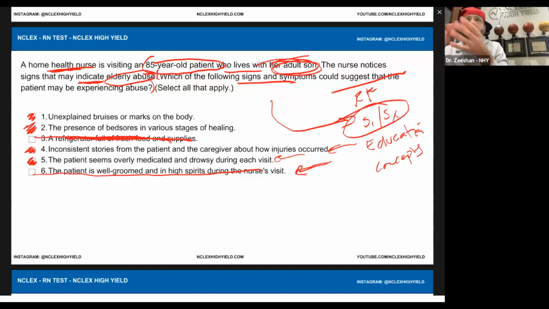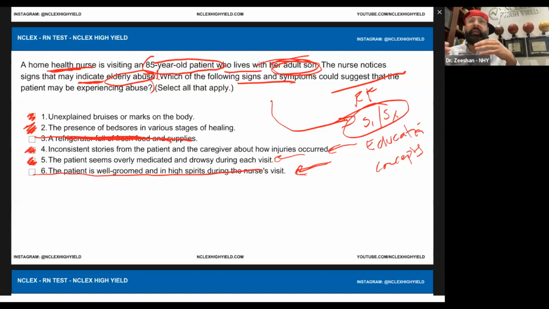So let's just say that I was to keep this 85-year-old on their back and they got a bed sore near their sacrum. But then they moved and then they got a bed sore on their malleolus, right? The outside of the ankle. And then they moved again, and then they got it on their hip or on their elbow.